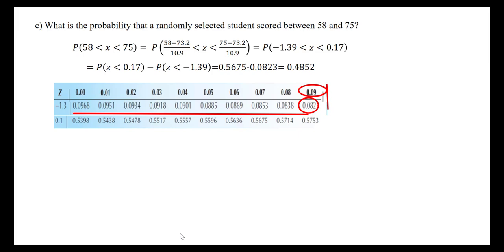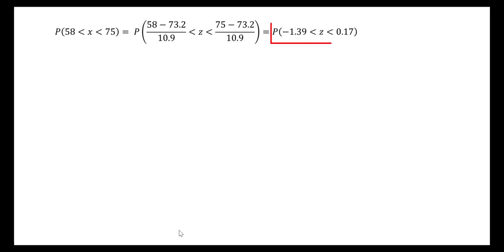Now, when we subtract the two areas, it gives us the area between the two values, which will be the area that we are interested in, which in this case is 0.4852.